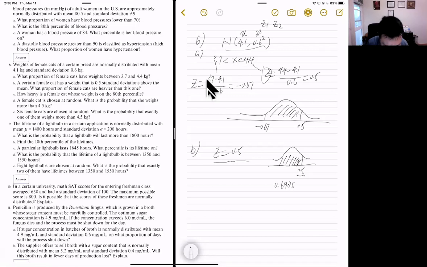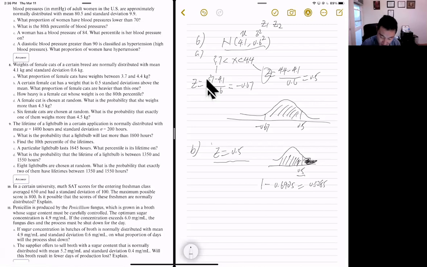The question is asking the percentage of female cats heavier than this one, so it's asking for these other areas instead. So we should use 1 minus the value we found from the table, which is 0.3085. So 30.85% of the cats are heavier than this one.